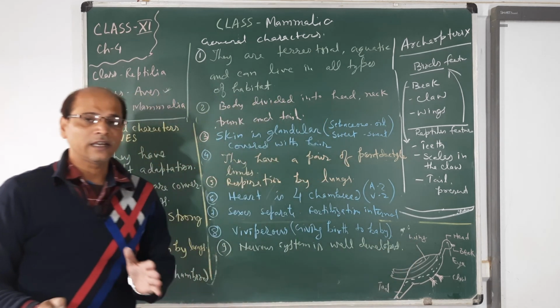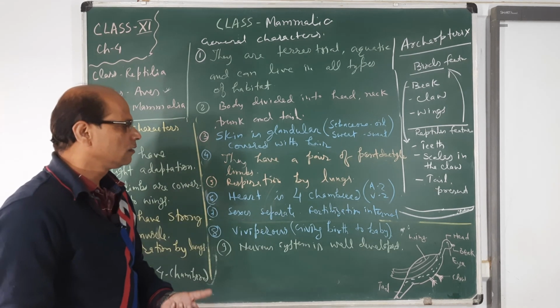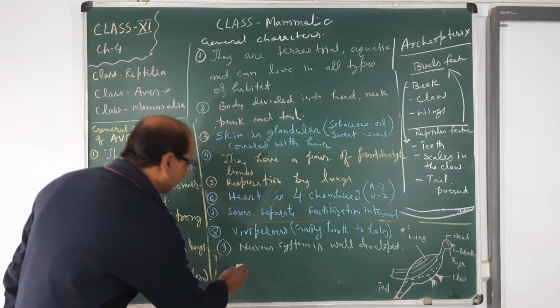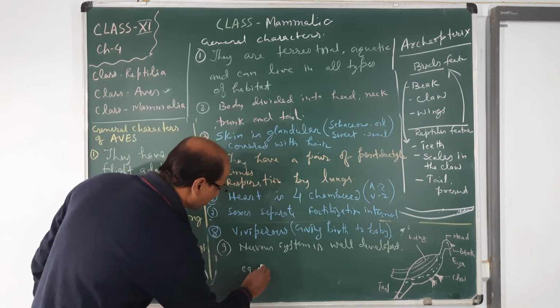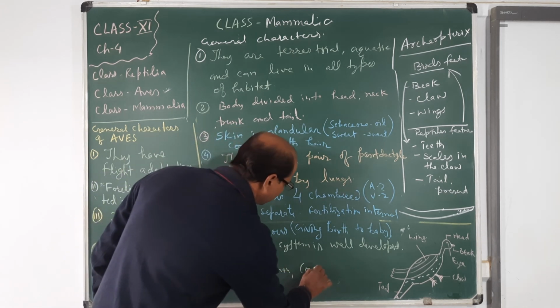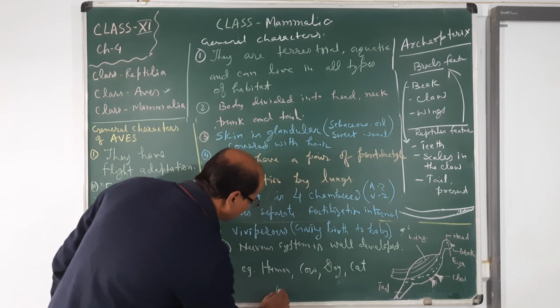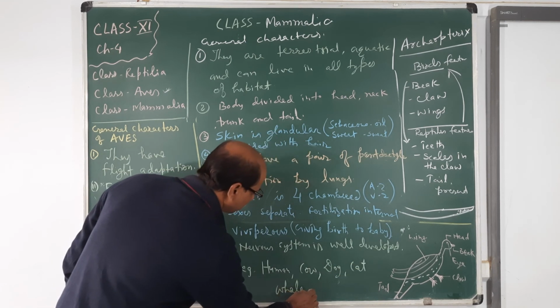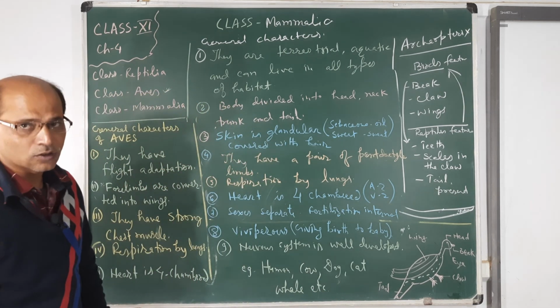So memory as well as their capability to think and to recreate is more. Examples of this class are human being, cow, dog, cat, whale, etc. They are categorized in this group.